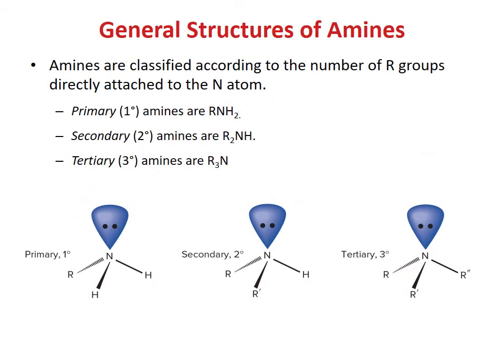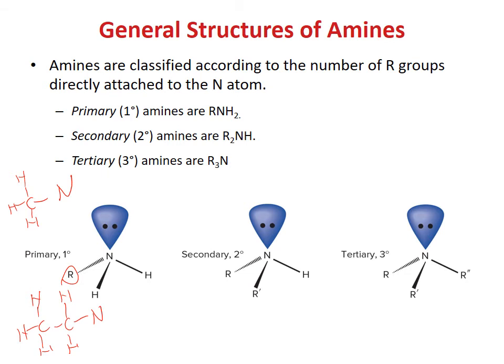As we explained before, R represents an alkyl group. For example, it can be a methyl group, CH3. So that's a methyl group attached to nitrogen. Or it can be an ethyl group, so two carbons, attached to nitrogen. Or a propyl.